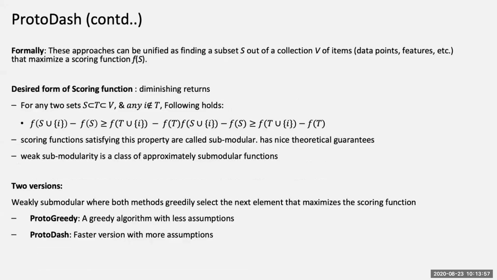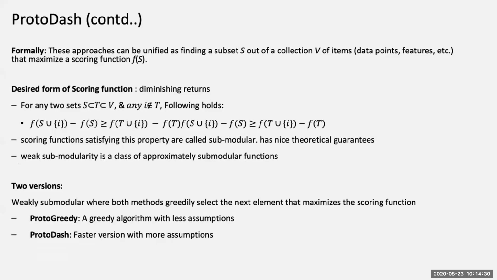Let's now dig deeper into this framework and see how it works. Formally, it can be defined as an approach which finds a subset S out of a collection V of items, which can be either data points or features, that maximizes a scoring function Fs. The whole framework is built upon an important property called submodularity of the scoring function Fs.